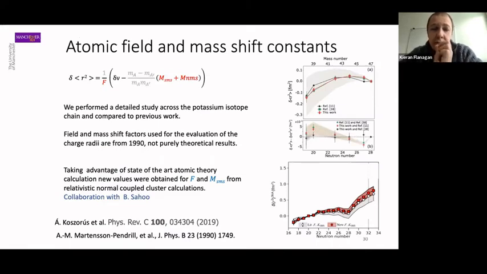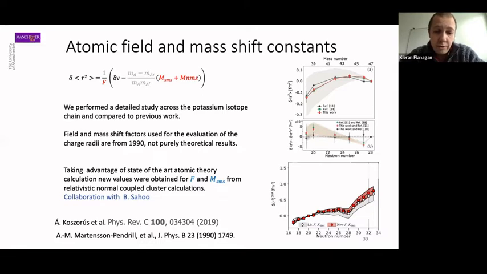Just as an aside, for this work we were studying the potassium isotopes, and in order to really pin down the charge radius, a key thing is to get the mass shifts pinned down and also the field shifts. And since potassium only has 3 stable isotopes to work with, that makes the job a lot harder to do with the methods I described earlier.